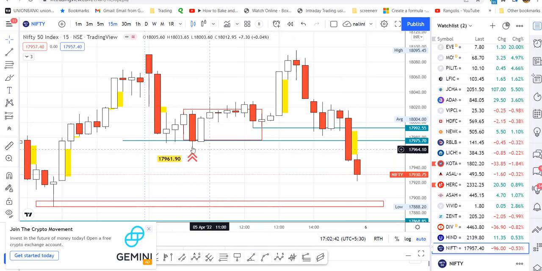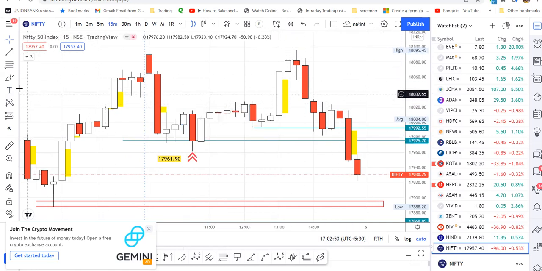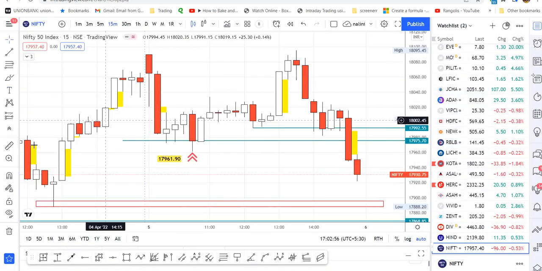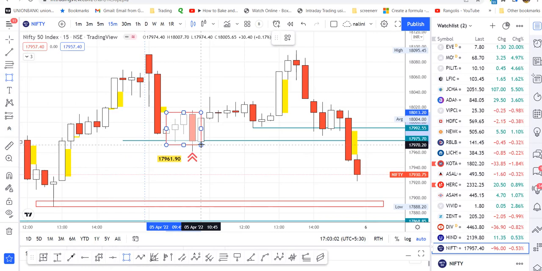And when you see this setup, what you have to do is draw the range, from white candle to white candle.